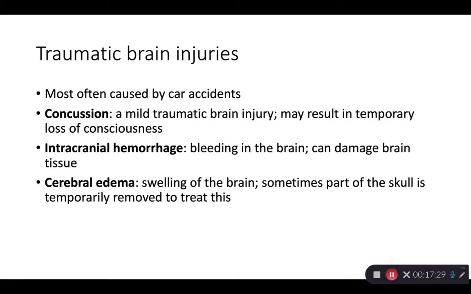So sometimes when somebody does have a significant brain injury, they might actually remove part of the skull temporarily, and they usually implant it in another part of the person's body, most likely in the abdomen, to keep that skull tissue alive. And then eventually, once the swelling has gone down, they will replace that part of the skull that they saved and put it back in the head.